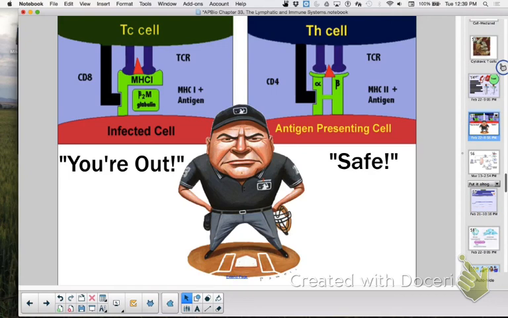I said it's stabilized with the CD8, that protein stabilizing the interaction, and that you're going to kill. That's a sign of an infected cell. If you display on an MHC2, you're saying, I have overcome this. I'm a soldier, I fought it, and I am presenting it to you, letting you know I'm going to kill it. Can you help me with that killing?